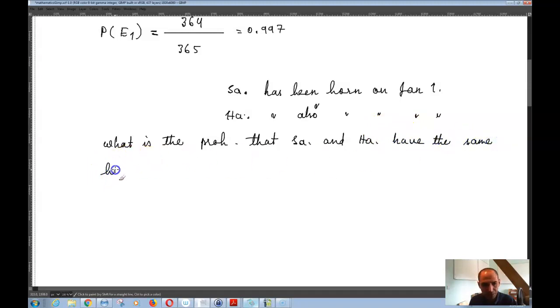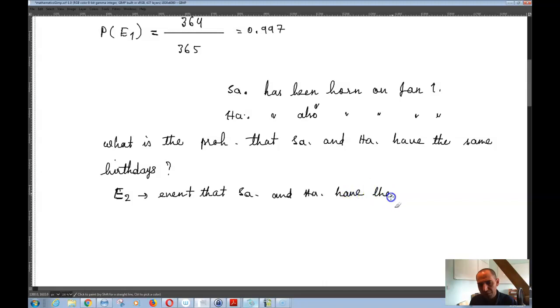Based on this question, I can define some event, for example, E2, and I define the event E2 as the event that Savita and Hamida have the same birthdays.